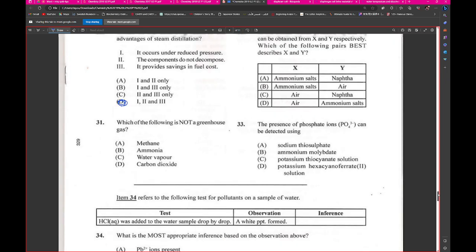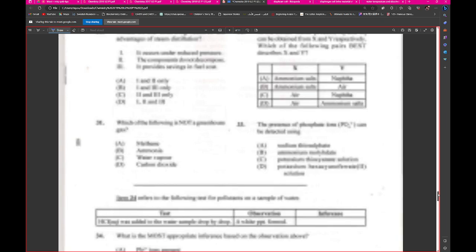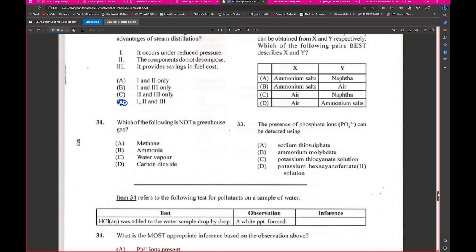Sorry about this. Which of the following is not a greenhouse gas? What's the answer? Not a greenhouse gas. Guys, you guys can hear me, right?